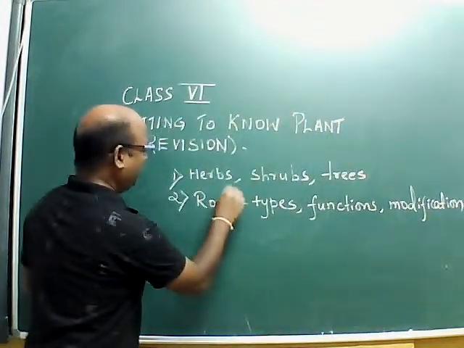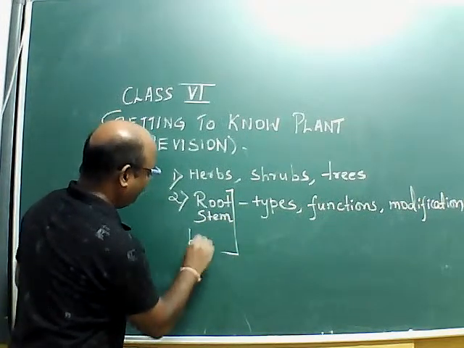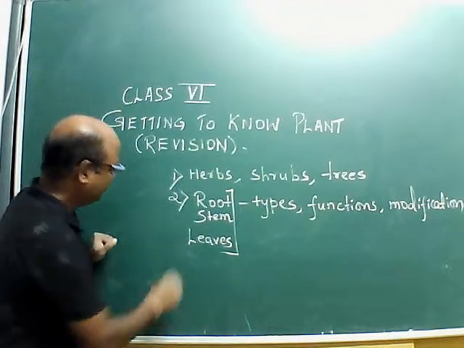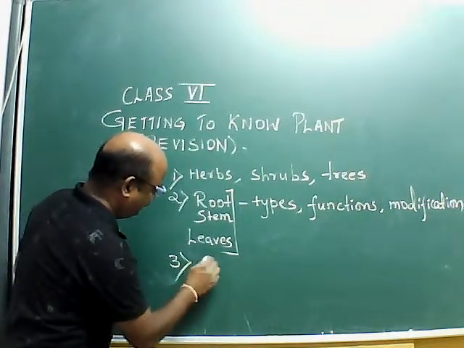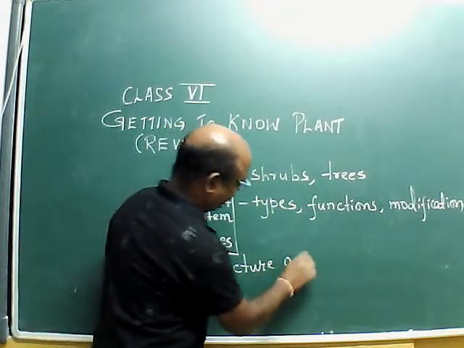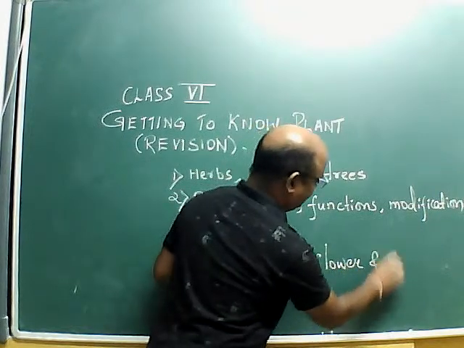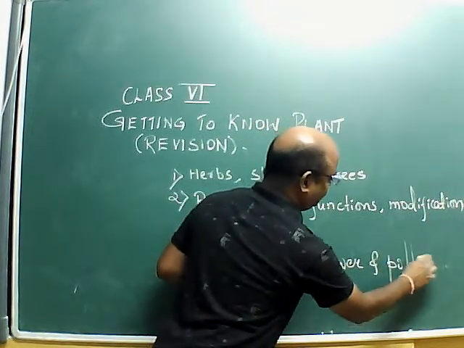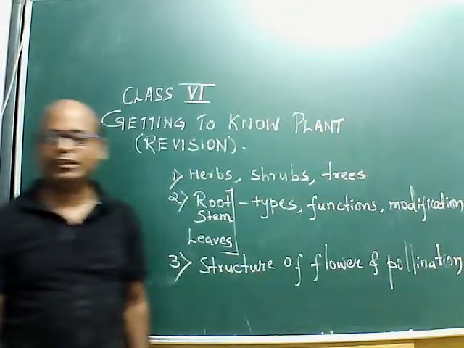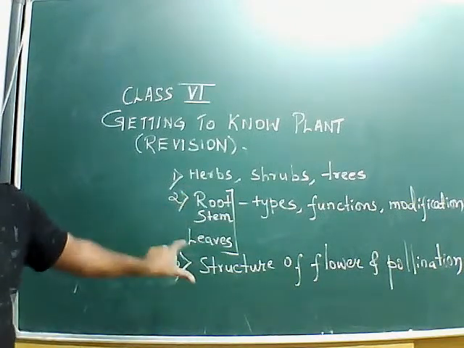Then the same for stem. Then the same for leaves. Okay. Then you have to remember about the structure of flower and pollination. This is there in your syllabus in standard 6. Okay, this much you have to remember. These are the key points.